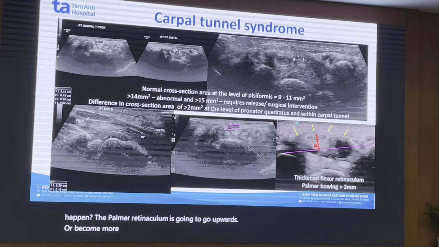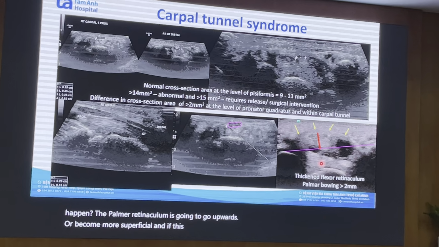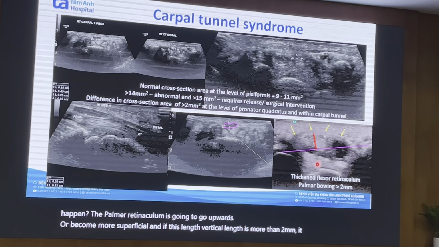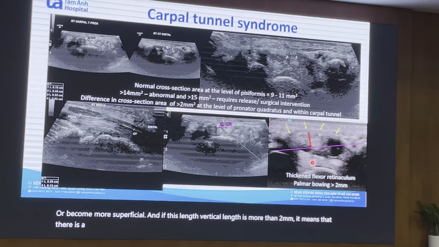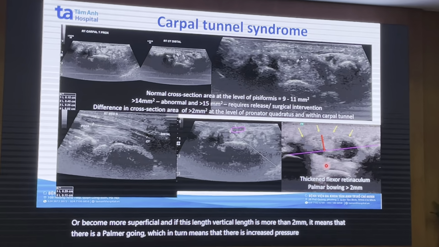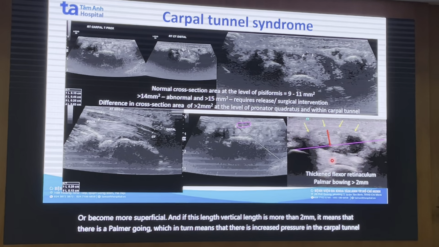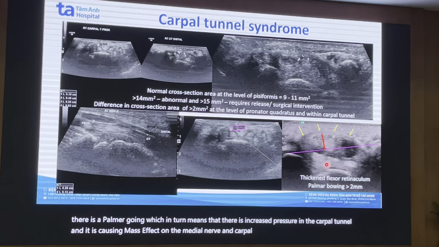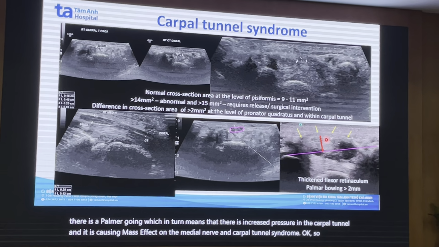If this vertical length is more than 2 millimeters, it means that there is palmar bowing, which in turn means that there is increased pressure in the carpal tunnel, and it is causing mass effect on the median nerve and carpal tunnel syndrome. So this is a nice secondary sign.